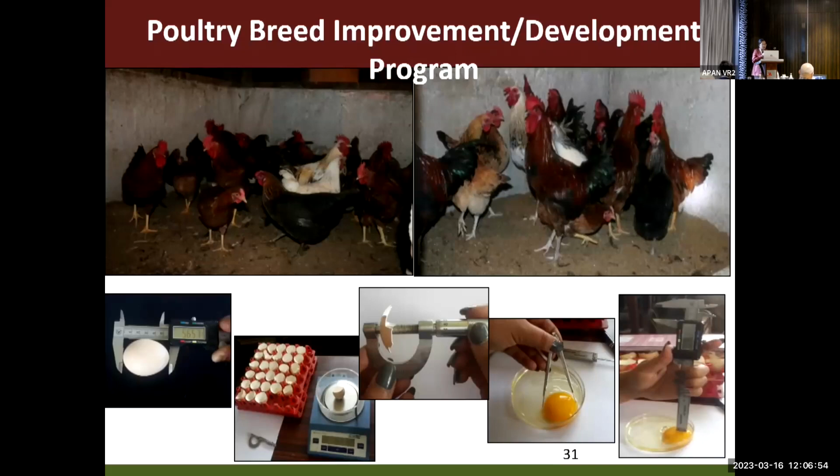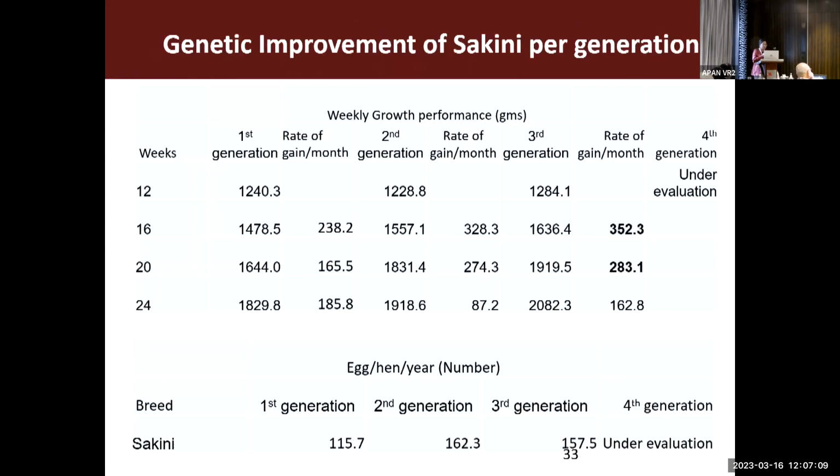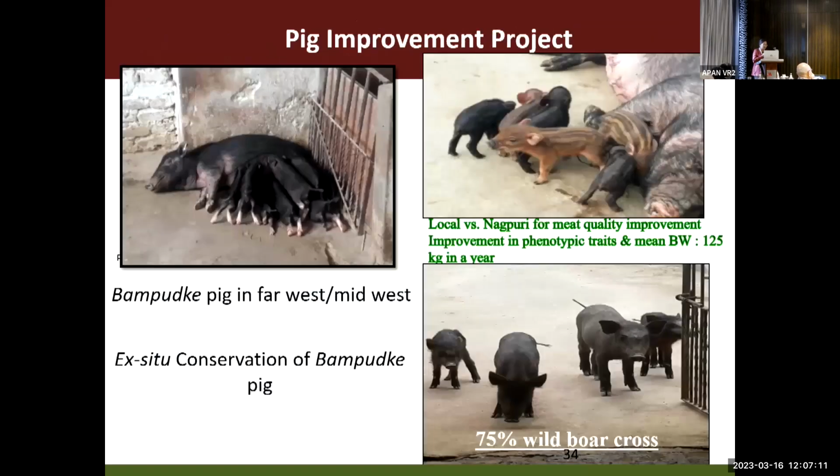So now it's a good success, because we are using not only the traditional way of data collection, we are also using ICT together. So this is the result that we have obtained.